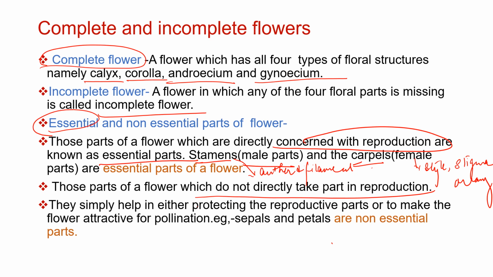Now this is just a quick introduction so that you get acquainted with the terms pedicel, receptacle, bract and the floral axis. You get to know what nectaries are, and we can quickly sum up what is a complete flower, what is an incomplete flower, and what are essential and non-essential parts of a flower. So I think till now you are clear with this lesson, this part of flower structure and its function.